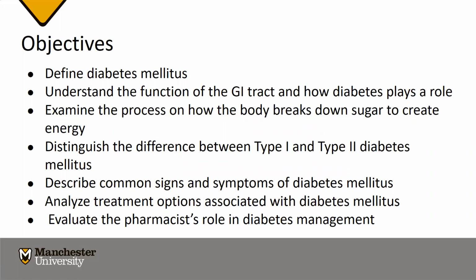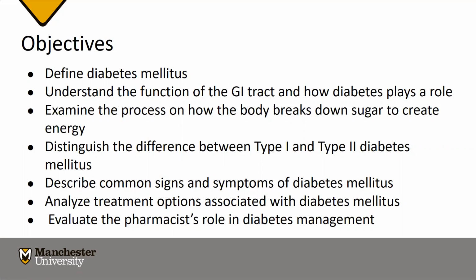So these are just my objectives I wanted to focus on during this presentation. We want to be able to define what diabetes is. We want to understand the function of the GI tract. Some of you may have had some background when it came to the GI tract, and maybe some haven't, so we're just going to do a little refresher on it.